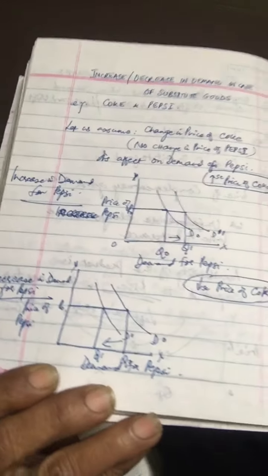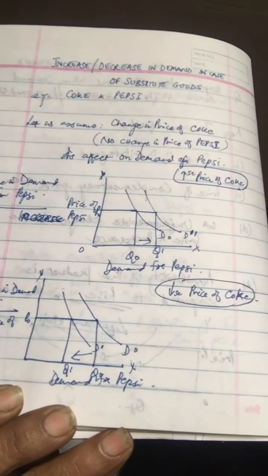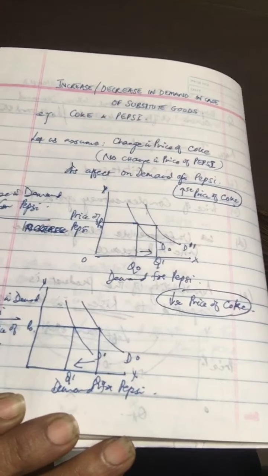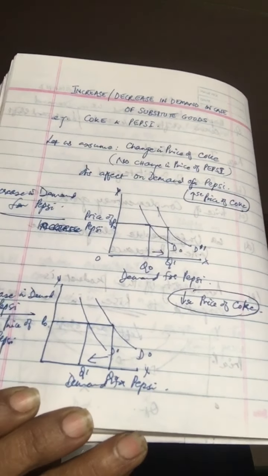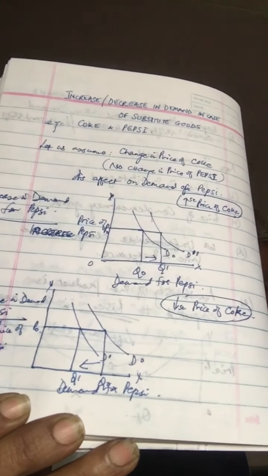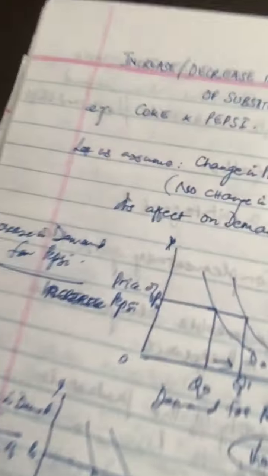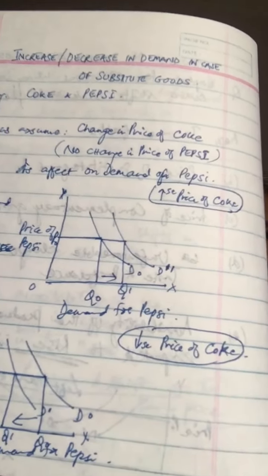Is that clear? Now let's take the other one, the one at the bottom. In this again, we are going to use the same example of substitute goods, Pepsi and Coke.